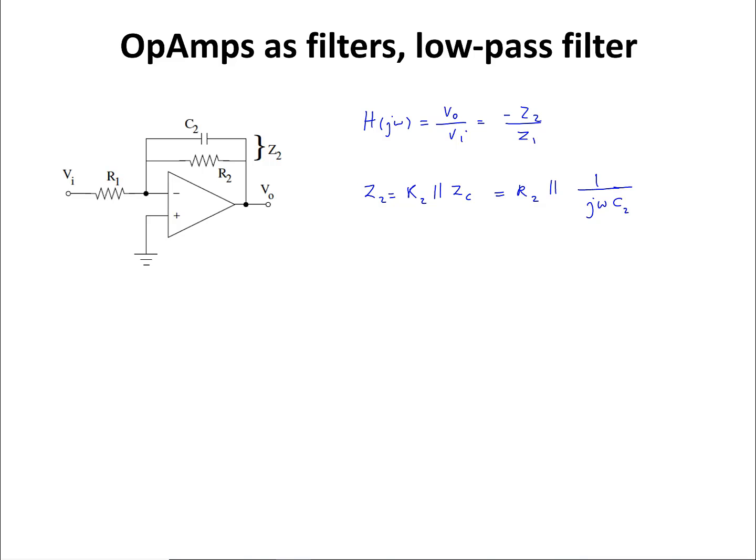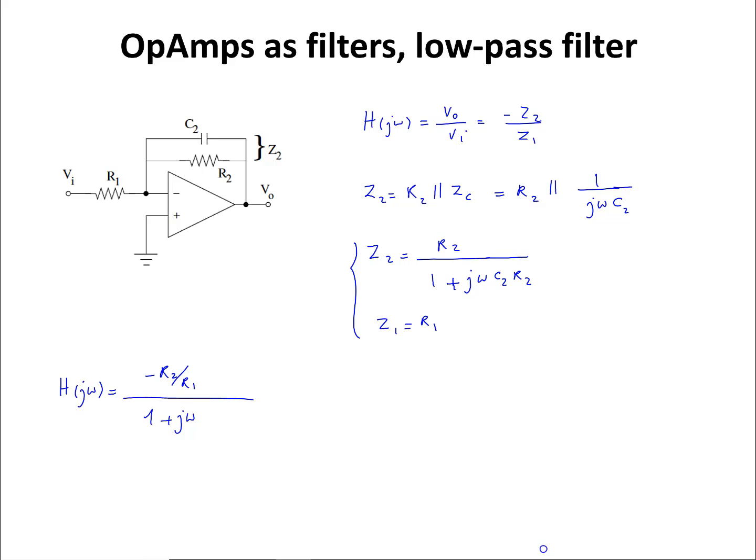This is the impedance of a capacitor. So Z2 is going to be equal to R2 divided by 1 plus j omega C2 times R2, and Z1 is equal to R1. From there, H of j omega, or the frequency dependent gain, is equal to negative R2 over R1 divided by 1 plus j omega R2 C2.